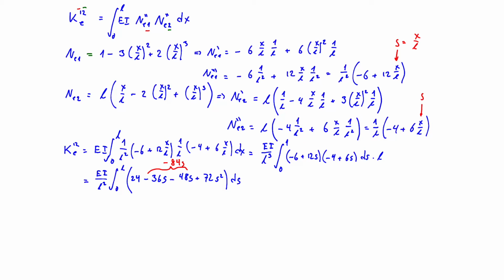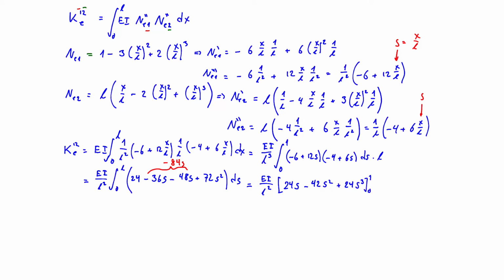So thereby we will get EI, bending stiffness, divided by L squared, and we'll have a square bracket representing the integration: 24s minus 84s integrated, that is 1/2 times 84 times s squared, that's 42s squared, plus 72 times 1/3 times s to the power of 3, that is 24s to the power of 3, from 0 to 1.